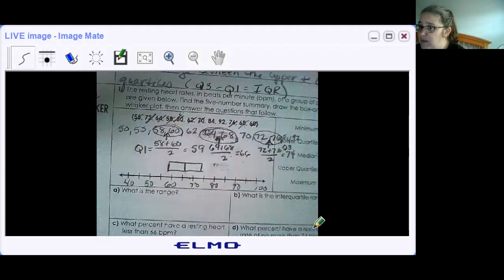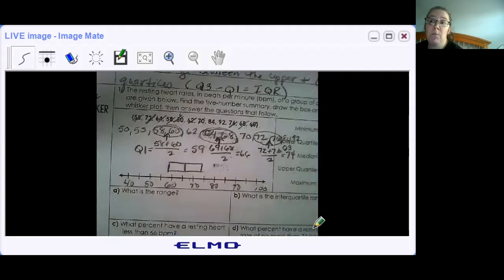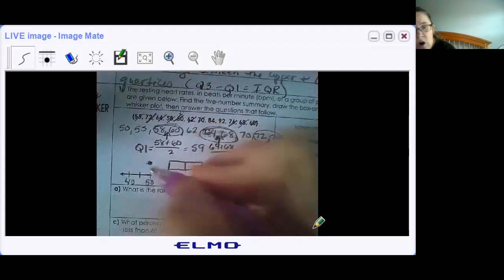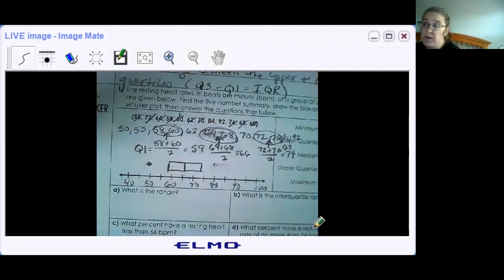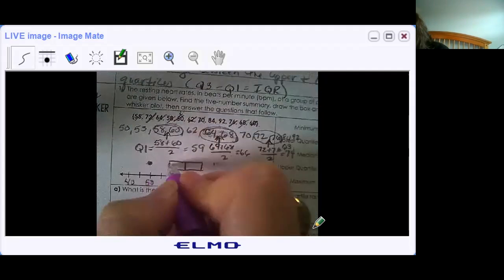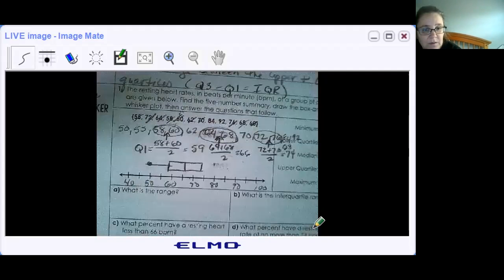But is that all the information that I was given? No, I had a minimum, a maximum, plus my quartile pieces. So now how do I mark my min and my max? Well, my minimum was 50, which means it has to stretch all the way down to 50. But do I want to draw a box that big? Not really. So I'm going to stretch a line from my minimum to connect it to my box.